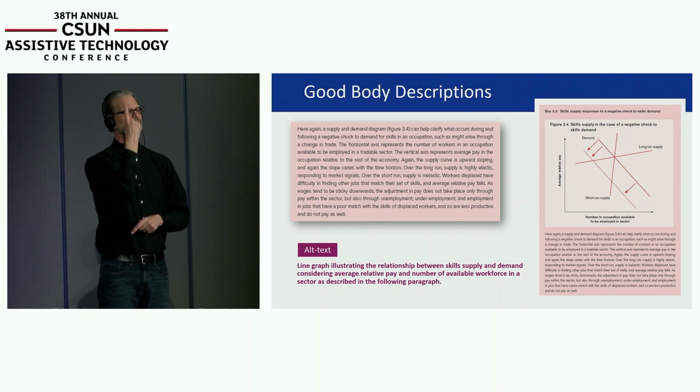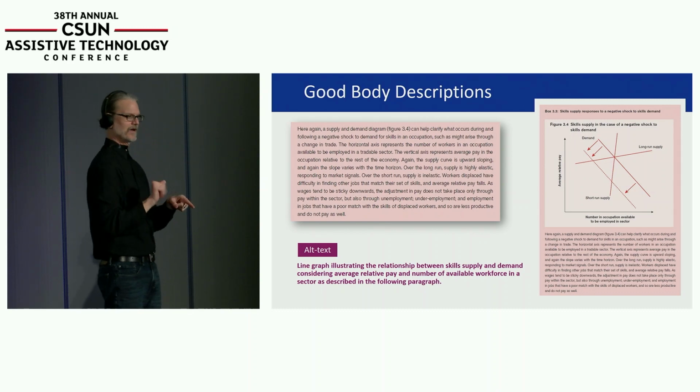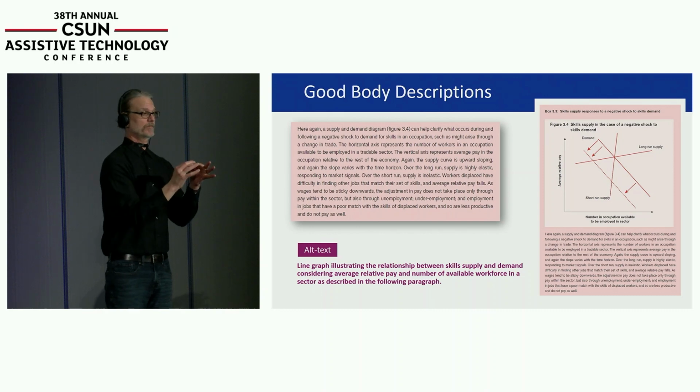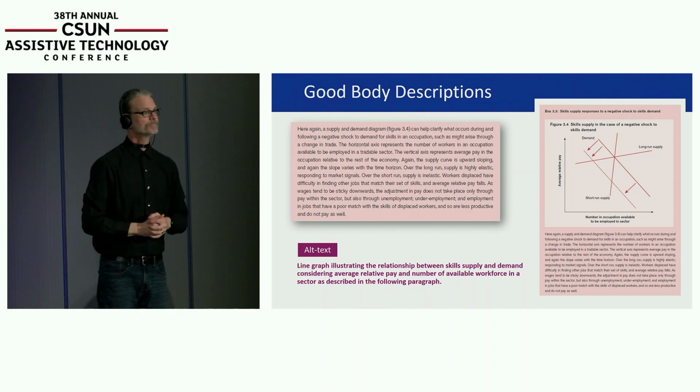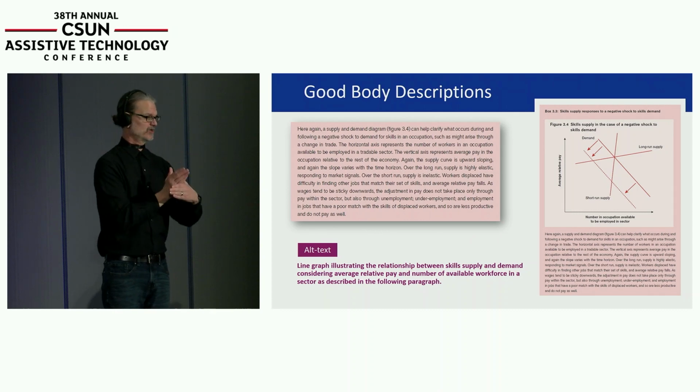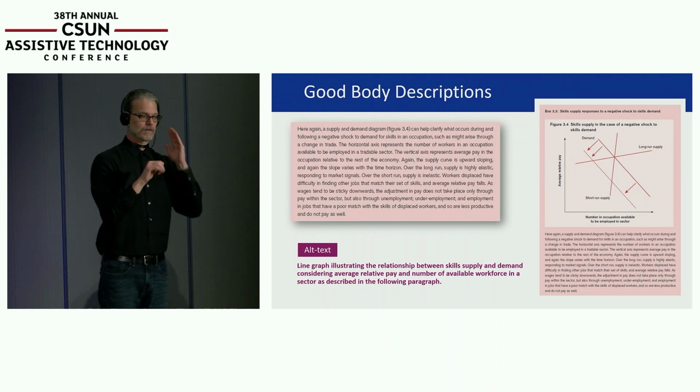So in the end, I was able to write my own alt text for this image that says, line graph illustrating the relationship between skill supply and demand, considering average relative pay, and the number of workforce in a sector as described in the following paragraph.